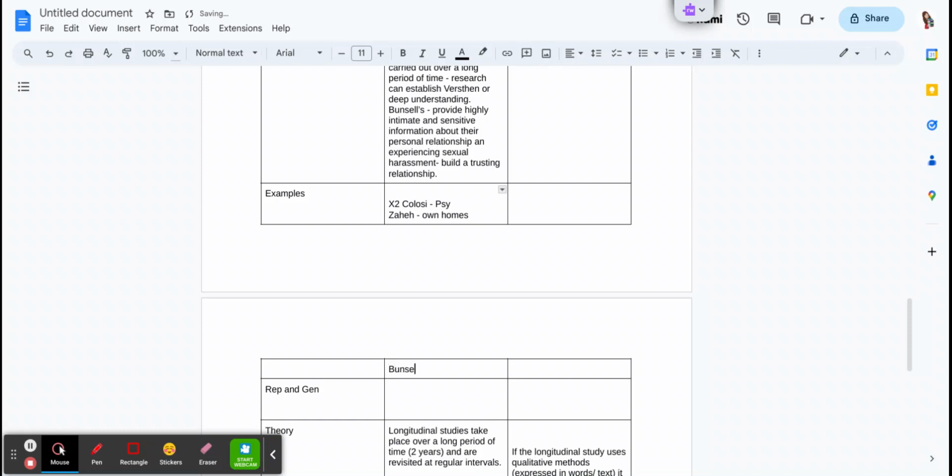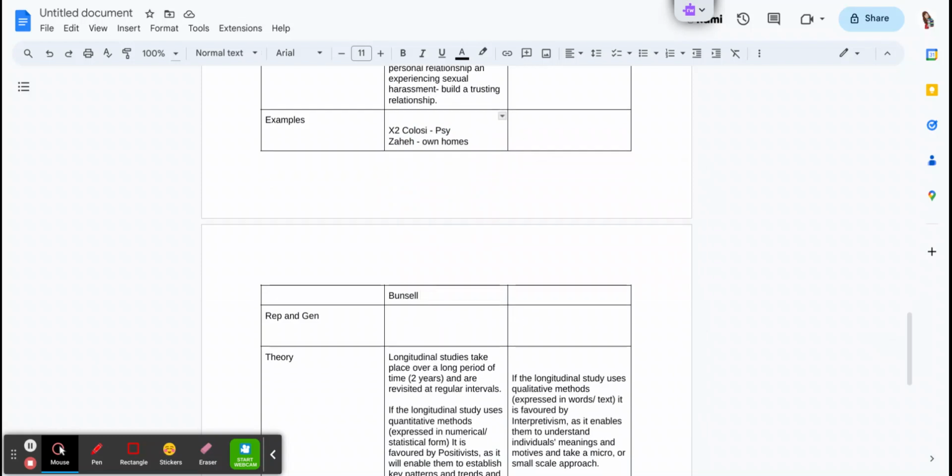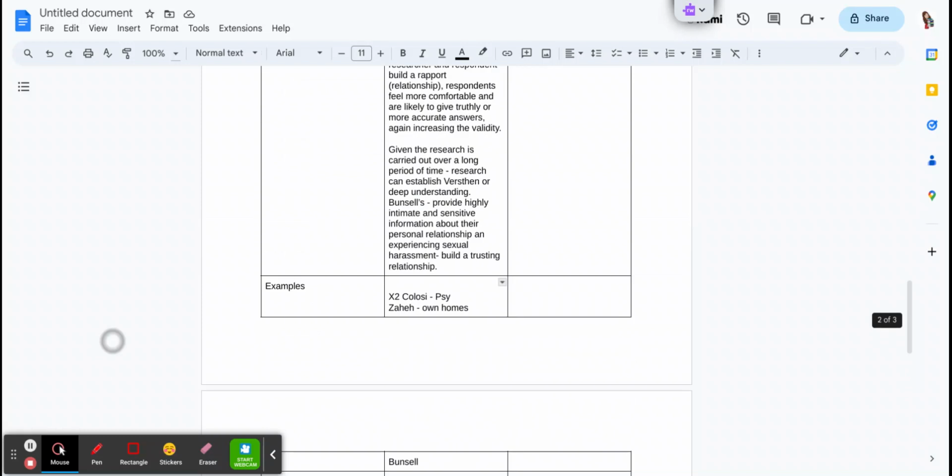We only have to give them 2, but I'm showing you how consistently I will always try and put Colossi in with ethics, Zade in with their own homes, and Bunsel in with either 2 years or validity and Verstehen there. Okay, I haven't got the item yet though.